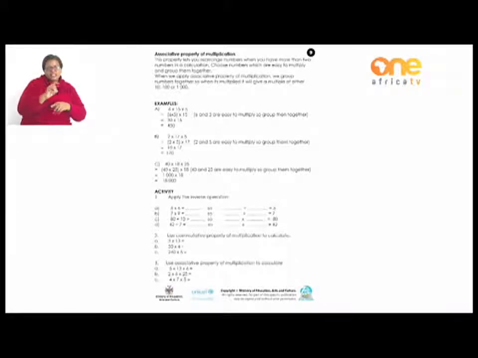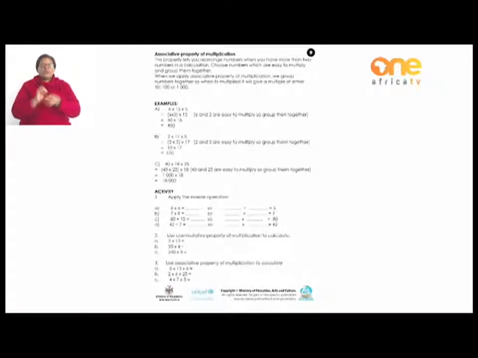C, 80 divided by 10. What will be the answer? And the inverse operation, multiplication, whereby we'll get 80. D, 42 divided by 7. What will be the answer? With the inverse operation, the answer will be then 42. Boys and girls, work it out.